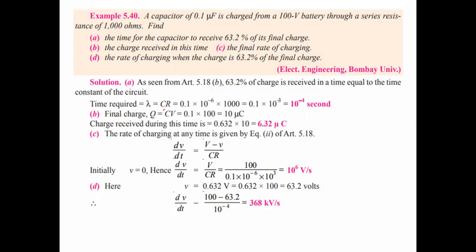First of all, find the time for the capacitor to receive 63.2% of its final charge. Second, the charge received in this time, the Q value, you have to find. And finally, the rate of charging when the charge is 63.2% of the final charge.